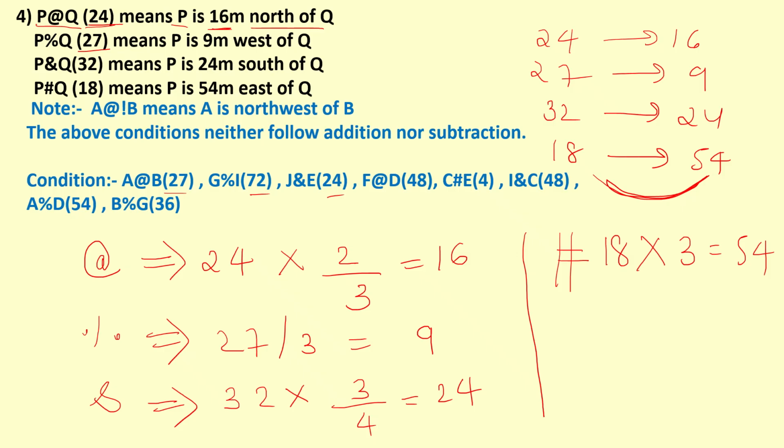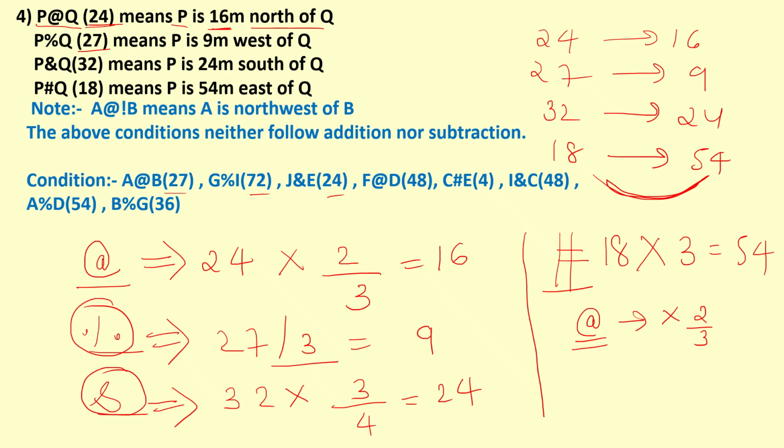So for each symbol here, different logics are used. Whenever you come across at, you need to multiply by 2 by 3. Whenever you come across percentage, you divide by 3. Whenever you come across and, you multiply by 3 by 4. And whenever you come across hash, you multiply by 3. So this is what the logic is here.